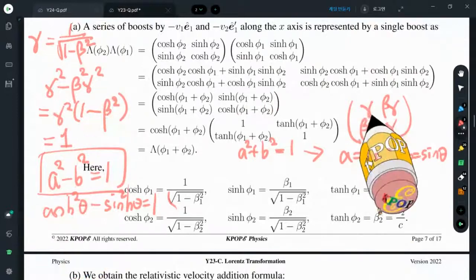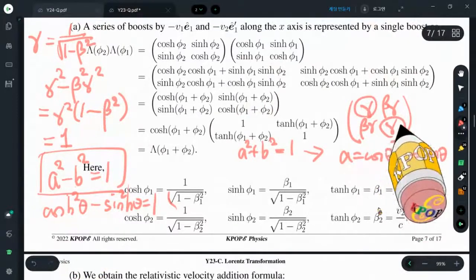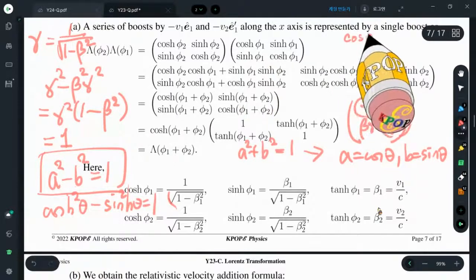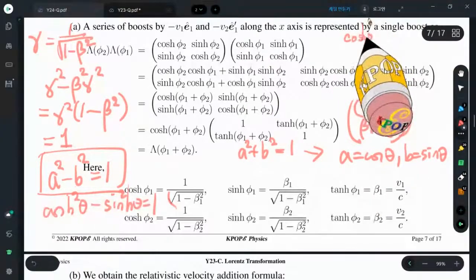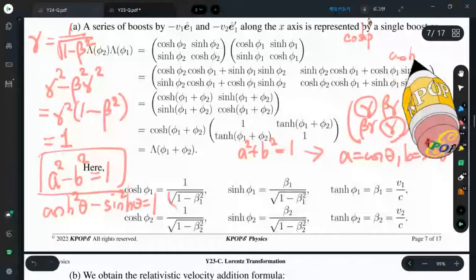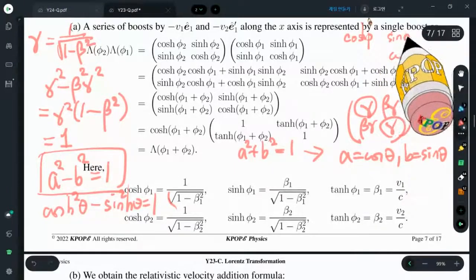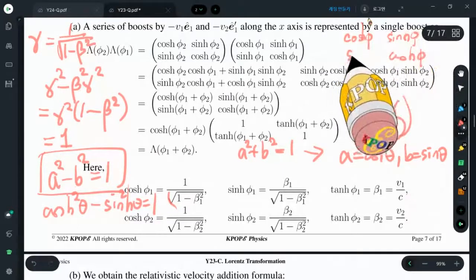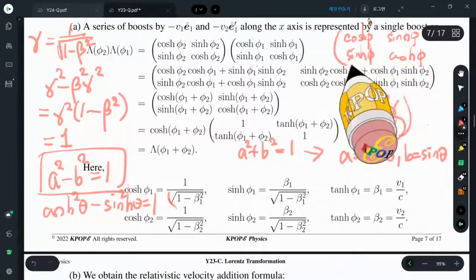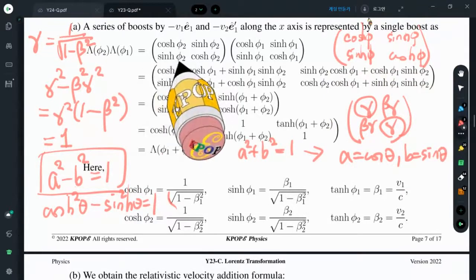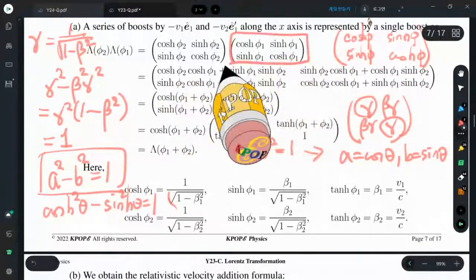So this one can be expressed in terms of hyperbolic functions: cosine hyperbolic phi, cosine hyperbolic phi, and this one is sine hyperbolic phi, sine hyperbolic phi. Okay, so the boost matrix can always be parameterized in terms of hyperbolic functions.